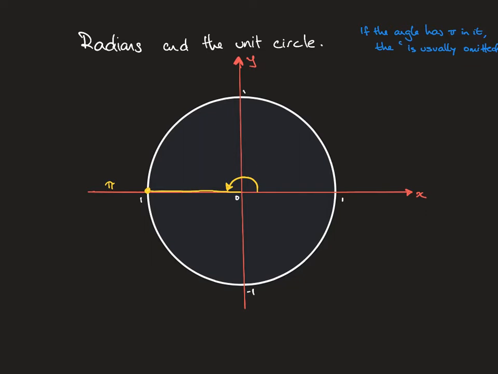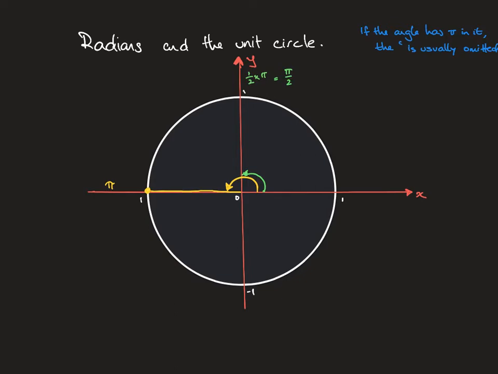So if we're measuring, and we always measure from the positive arm of the x-axis, if we measure up to the vertical line here, what we've got is a half of pi, half of that yellow angle, and a half of pi we write as pi on 2.